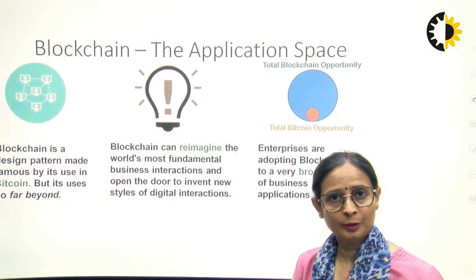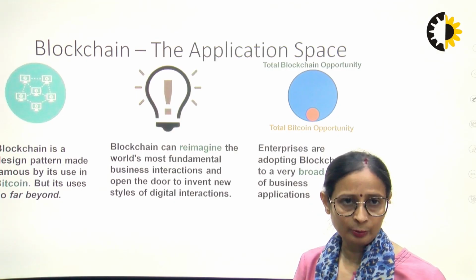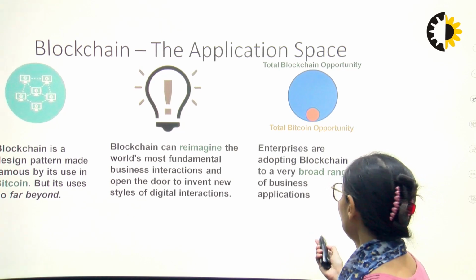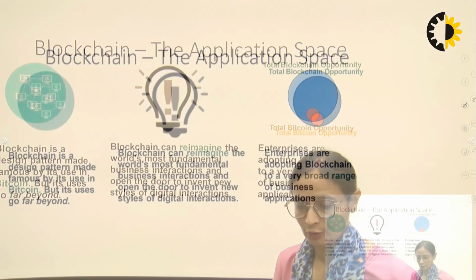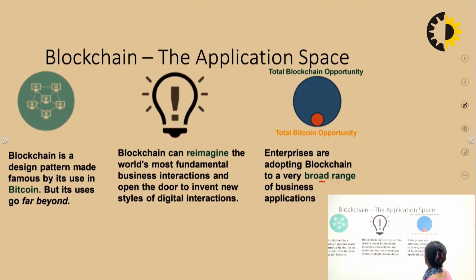Nowadays, many enterprises are adopting the blockchain, and the adoption of blockchain is for a wide range of applications. So when we say the blockchain opportunity, Bitcoin is only a smaller part of this space, and we have other applications also where we can use the concept of blockchain successfully.